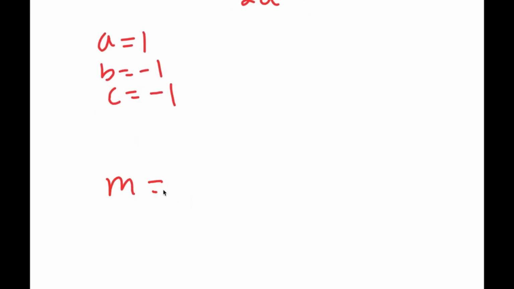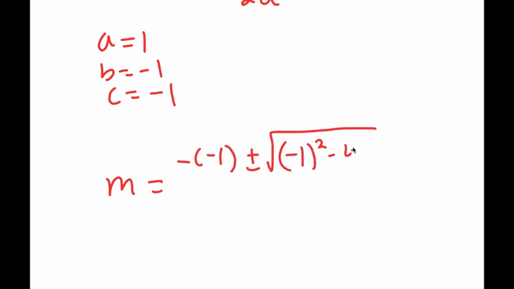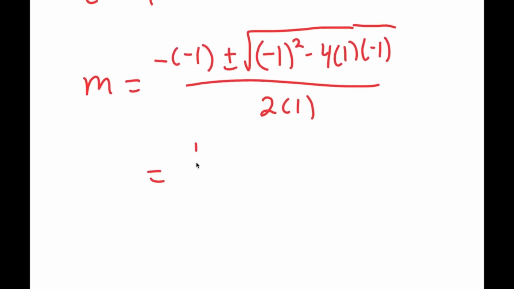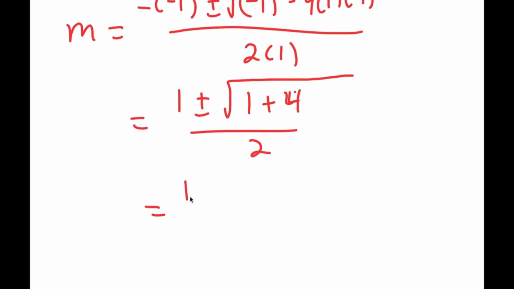So I get m is equal to negative of -1 plus or minus the square root of -1 squared minus 4a, which is 1, times c, which is -1, all over 2a, so 2 times 1. And this turns into positive 1 plus or minus the square root of 1 plus 4, over 2, which is equal to 1 plus or minus the square root of 5 over 2.